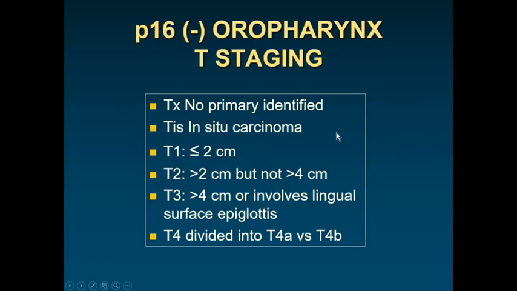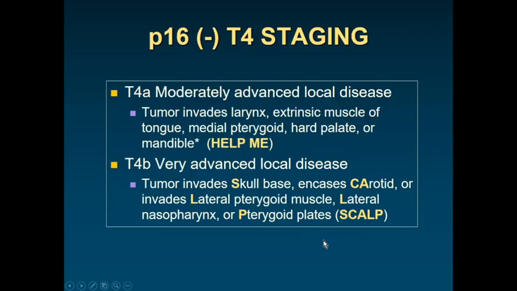So the T stage will look very familiar to you, with the exception that instead of the T0, we call it TX for no primary identified for the unknown primary. There is an in situ carcinoma category, but then the standard T1 through T3 is basically identical to the P16 positive cancer staging, but T4 does get subdivided into T4A and T4B, and the T4A will look very familiar.